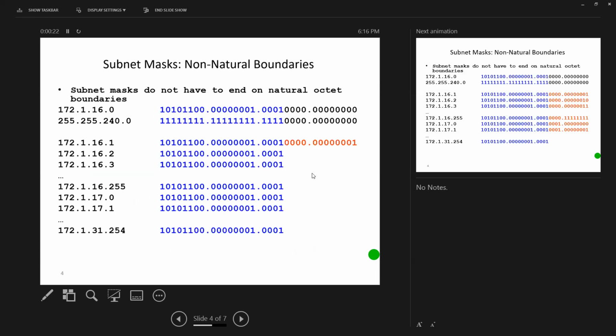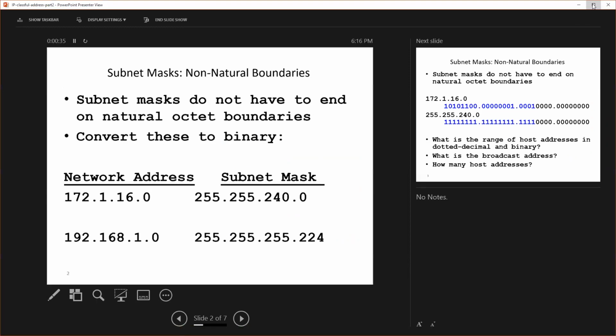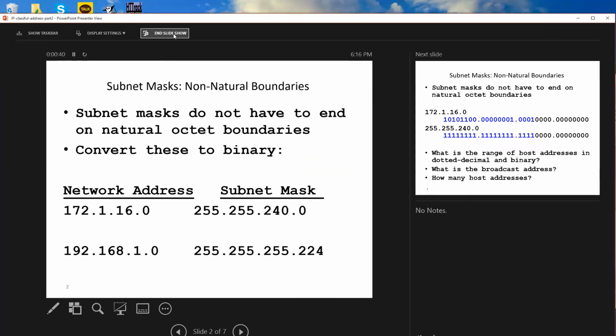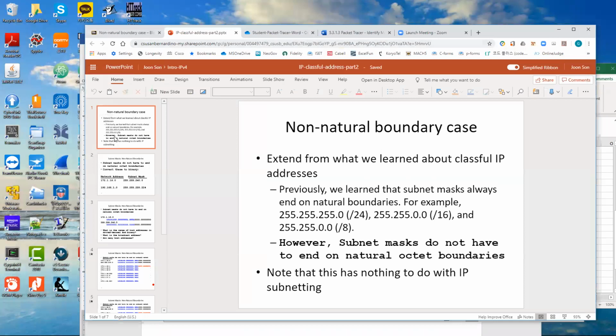I already told you about this a couple of times. So I want you to use the animation mode. Okay. So, okay, this is a non-natural boundary case.